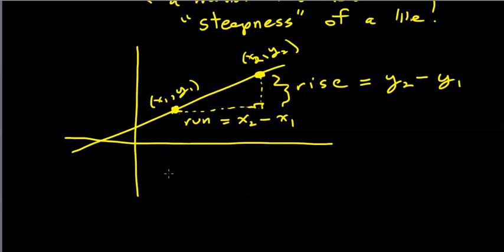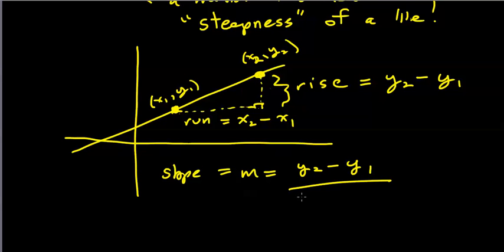And we define the slope of a line, again labeled m, as the difference in the y coordinates over the corresponding difference in the x coordinates. Sometimes informally referred to as the rise over run.